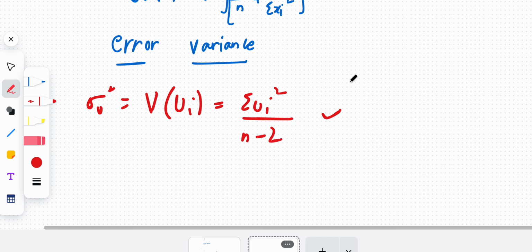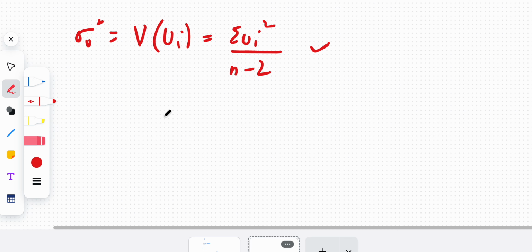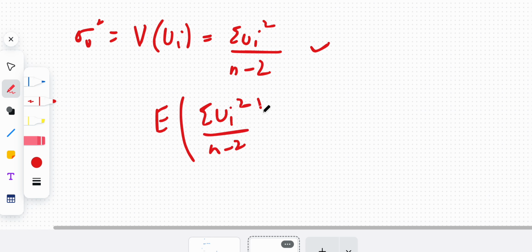That is it. There's no discussion that's happening here. Or you can also write this as, okay. So this is specifically for a two variable model.